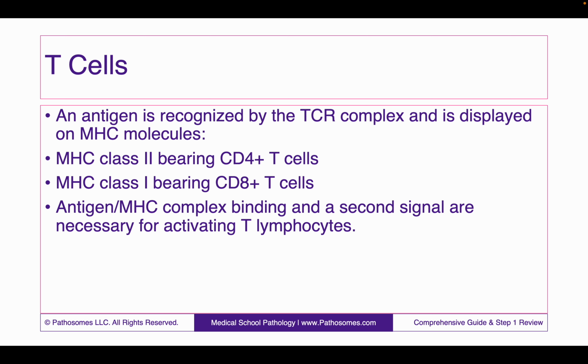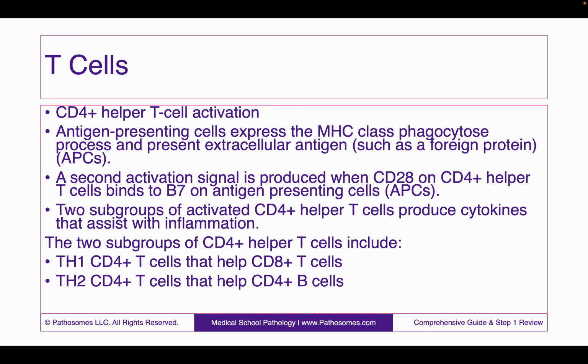Antigen/MHC complex binding and a second signal are necessary for activating T lymphocytes. CD4 positive helper T cell activation, okay? Antigen presenting cells express MHC class 2, phagocytose, and present extracellular antigens such as a foreign protein. A second activation signal is produced when CD28 on CD4 positive helper T cells binds to B7 on antigen presenting cells.